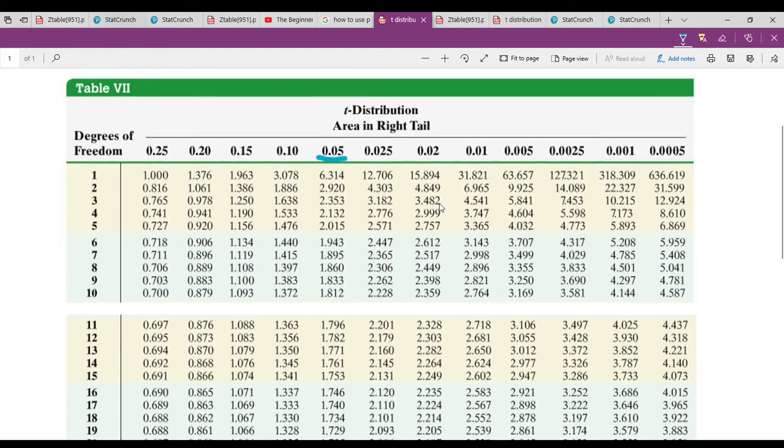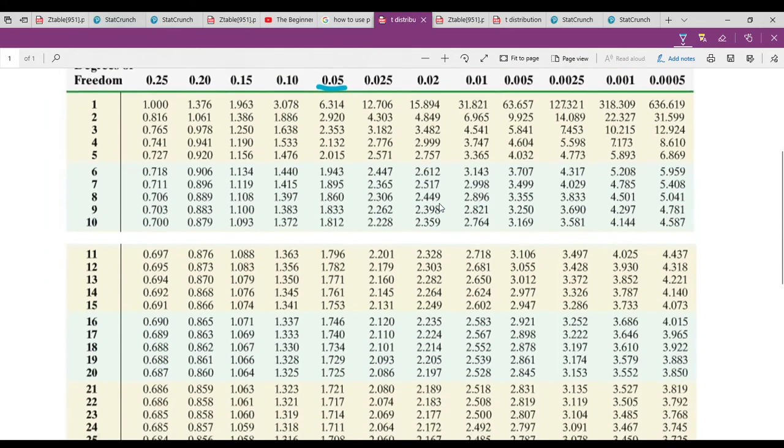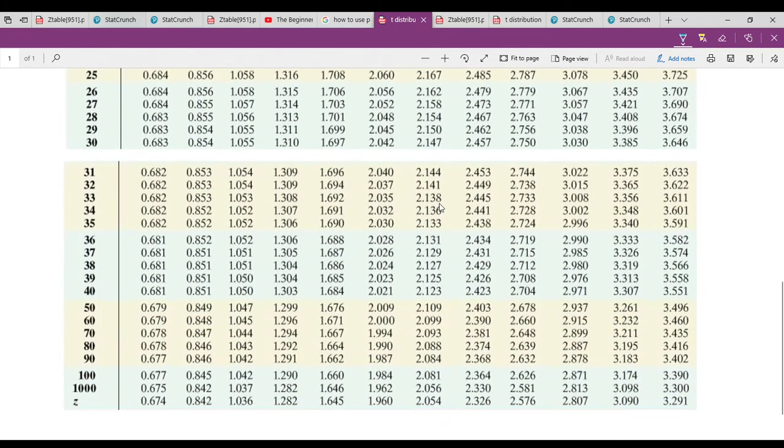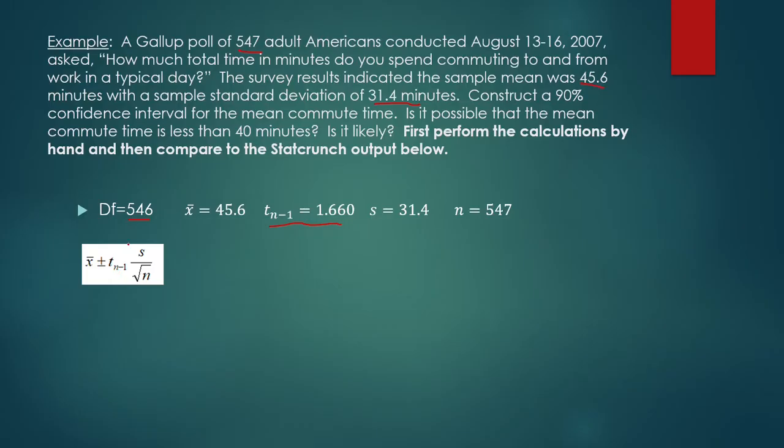Now the degrees of freedom was 546, so the closest degrees of freedom that I can use is actually 100. So our critical value is 1.660. So we're going to use the degrees of freedom to determine that we need to use T, since this is less than 1,000.